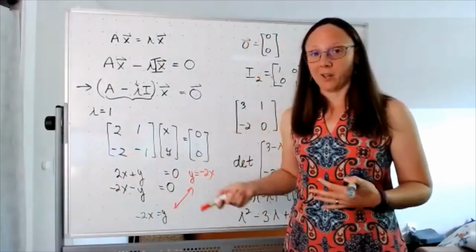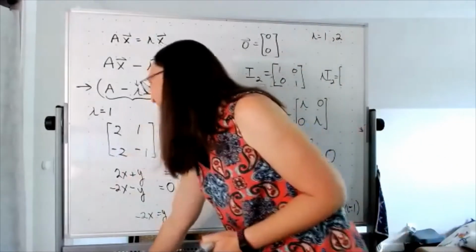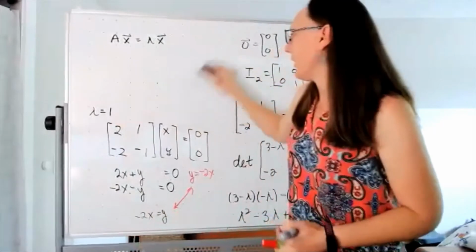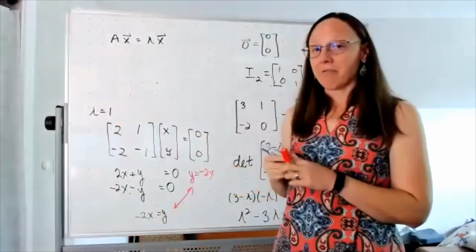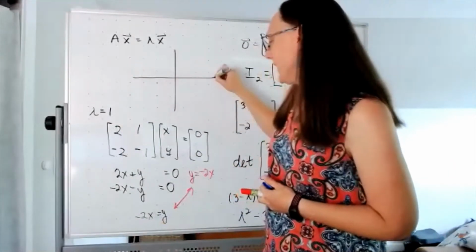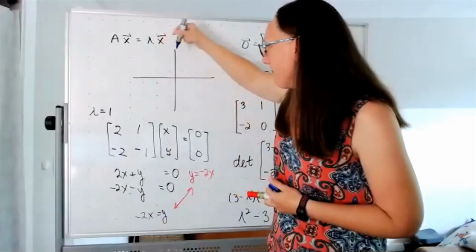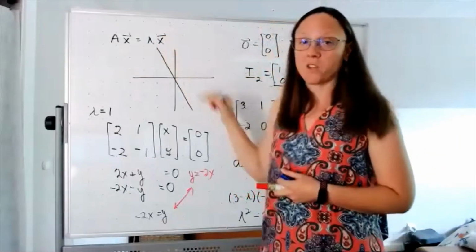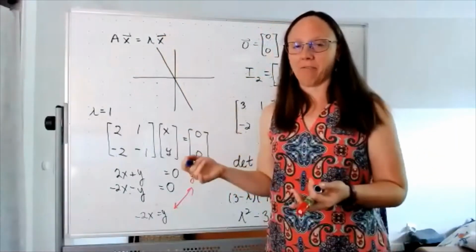And graphically, what that's telling us is that any vector that falls on that line, y equals negative 2x, any vector that falls on this line is an eigenvector.